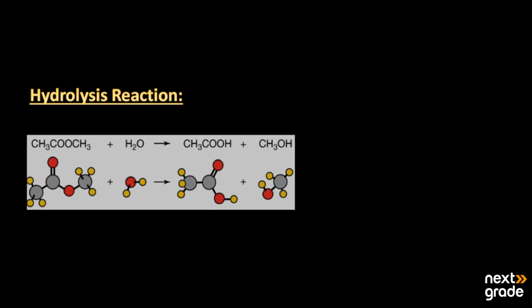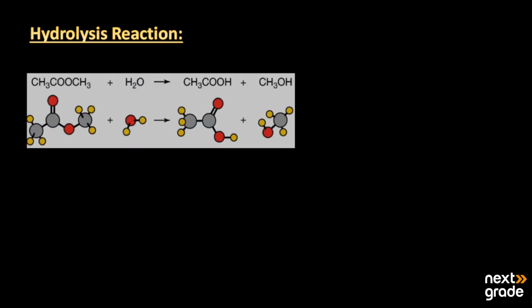Then we have the hydrolysis reaction. Basically, the hydrolysis reaction can be defined as the type of reaction in which the bond of hydrogen to the hydroxyl group of the water molecule is broken down by the action of a salt with water.